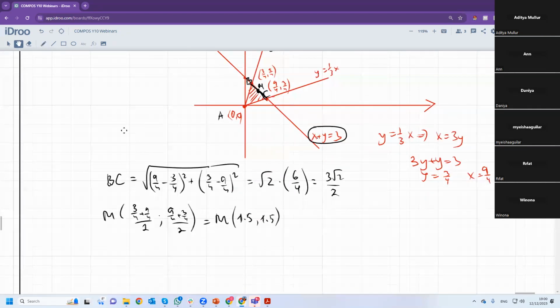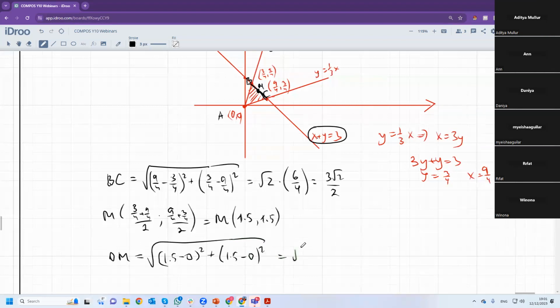Okay, and now I can find OM. OM is square root of (1.5 minus 0) squared plus (1.5 minus 0) squared. So that's square root of 2 times 1.5. This is 3 square root of 2 over 2.